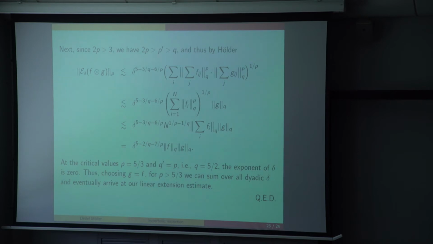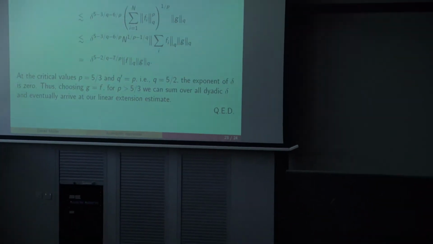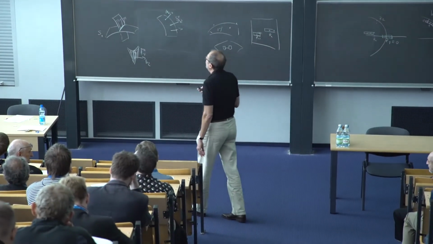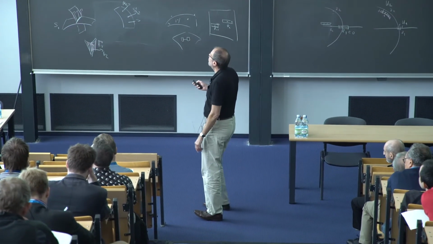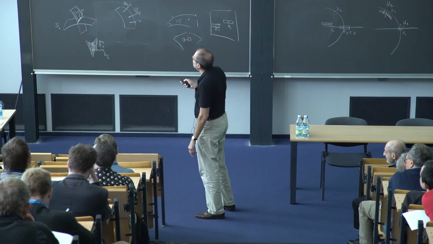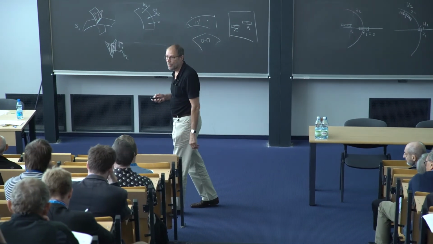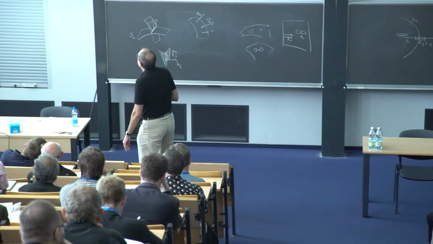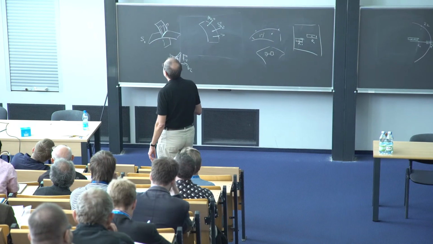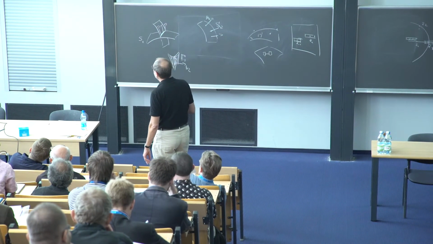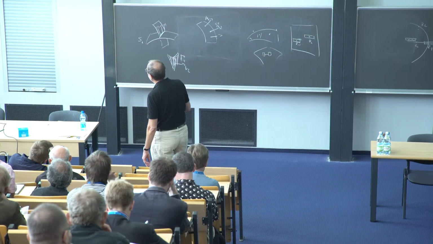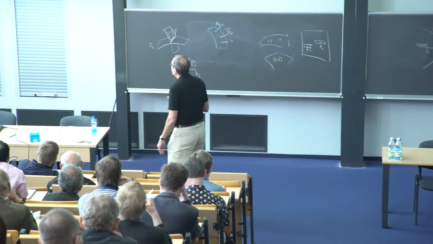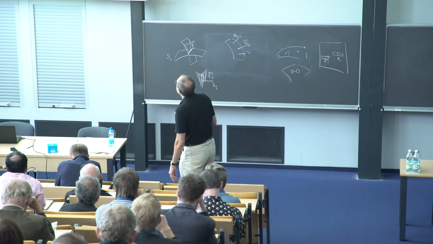But now one can observe also that the 2p is bigger than 3. As I said, imagine p is 5/3, q is 5/2, and then you figure out that 2p is bigger than q, right? And so that allows us to estimate this exponent, this little L2p sum, by some little LQ sum.